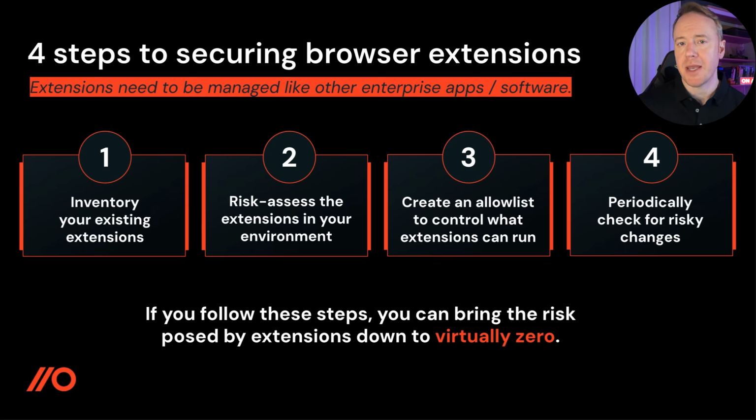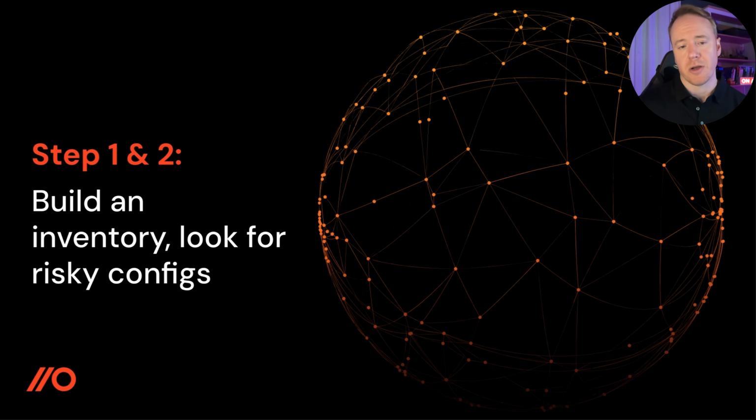After we apply that mitigating control, we simply go into ongoing monitoring and response as needed. So we're periodically checking for risky or interesting changes that might change our risk calculus for a given extension. If you can follow these steps and do it in a comprehensive, ongoing way, you can reduce the risk posed by malicious extensions down to virtually zero. So let's talk about it.